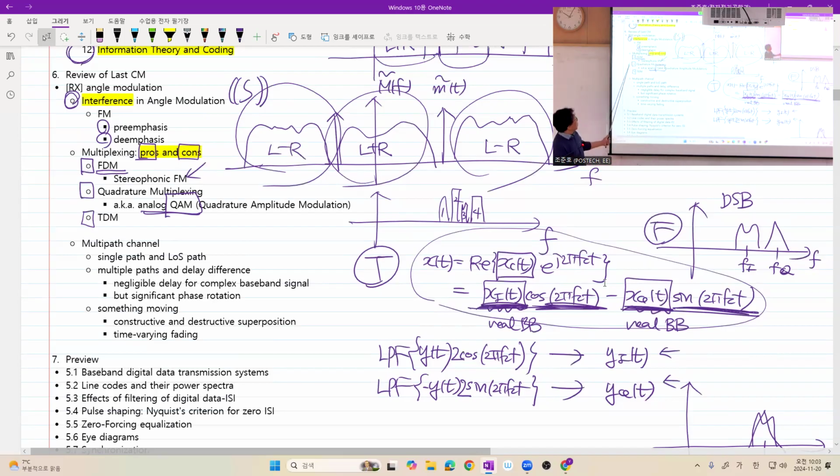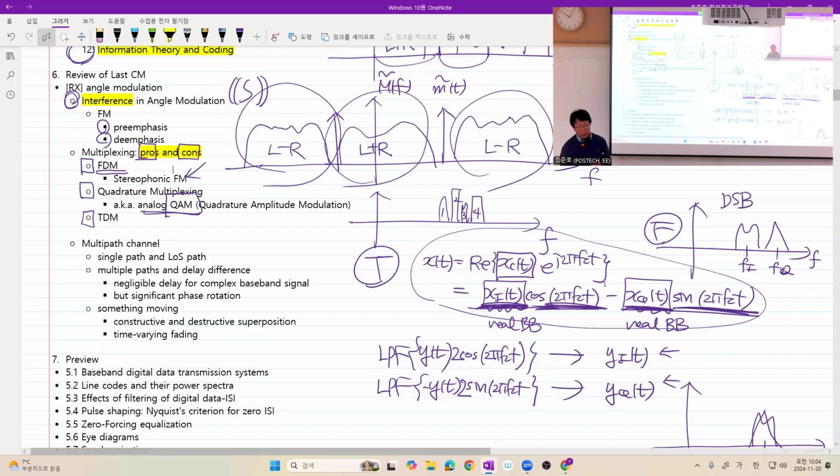Currently, this quadrature multiplexing, whose digital version, the QAM, is very, very popular in modern digital communication. For example, in your Wi-Fi standard, almost every signal you receive and send is a kind of QAM signal, even though you have to combine QAM symbols with so-called OFDM, orthogonal frequency division multiplexing.